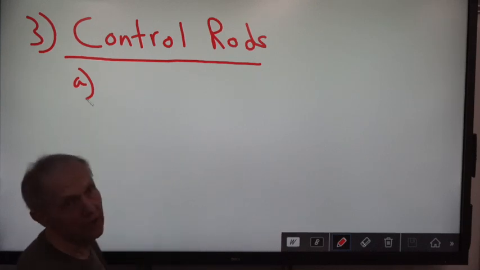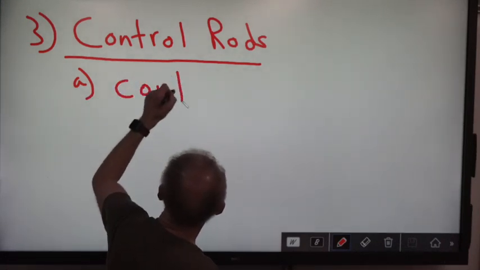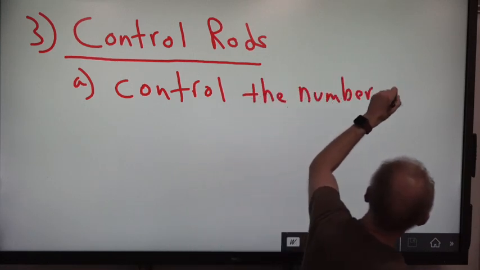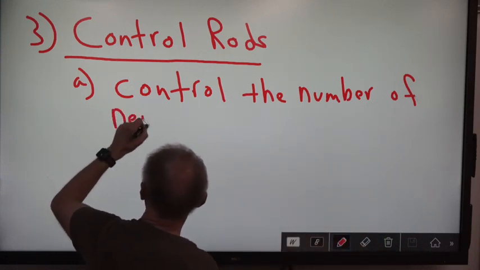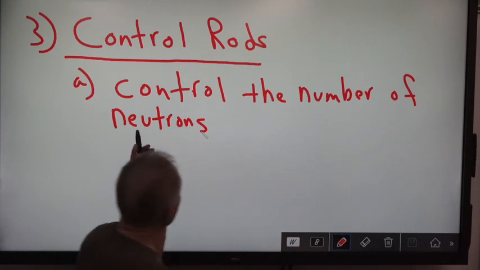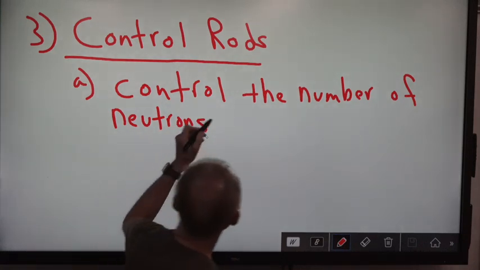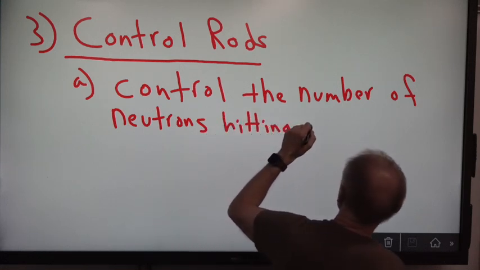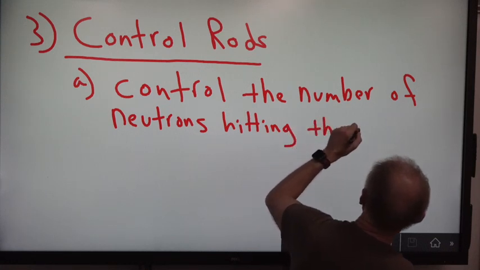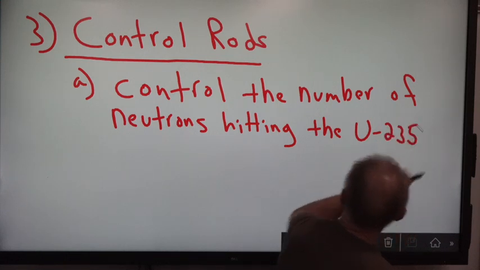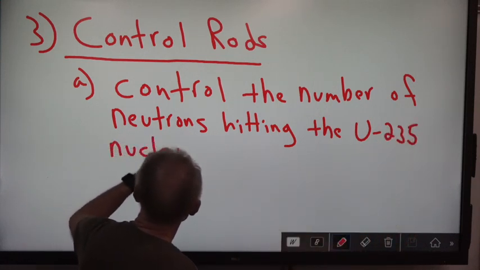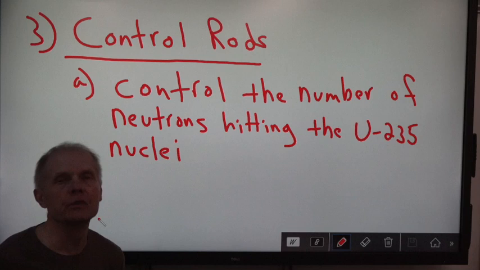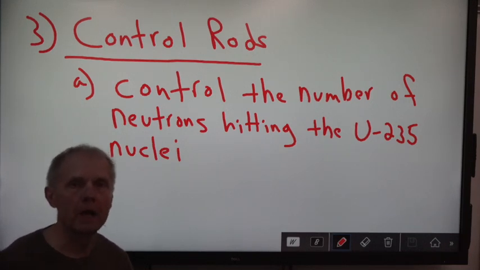So, for letter A under control rods, the control rods control the number of neutrons hitting the uranium-235 nuclei. So, what are control rods made of?